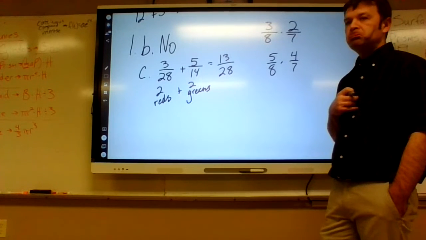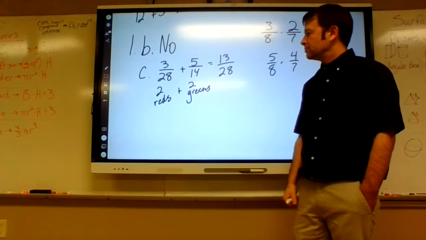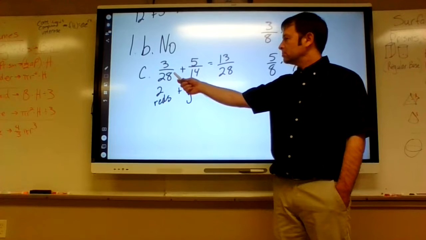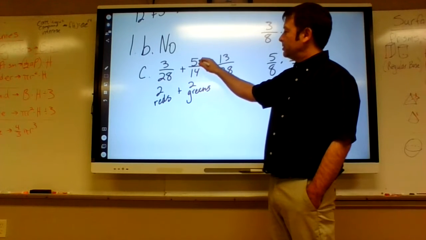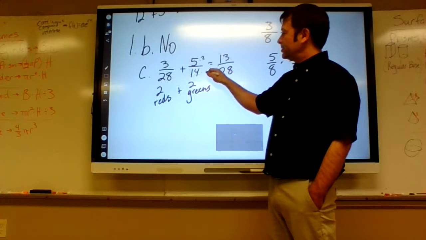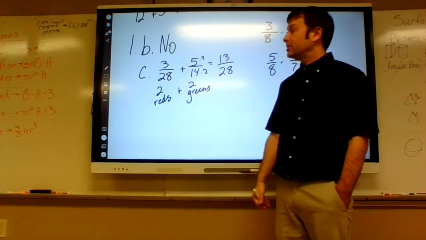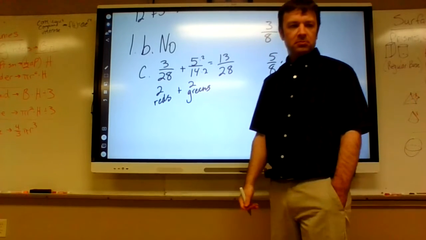Wait, you do what to get the 13 over 28? Add. You just did it on the calculator, but you could do it by hand if you multiply these by 2. That's 10 over 28 plus 3 over 28.